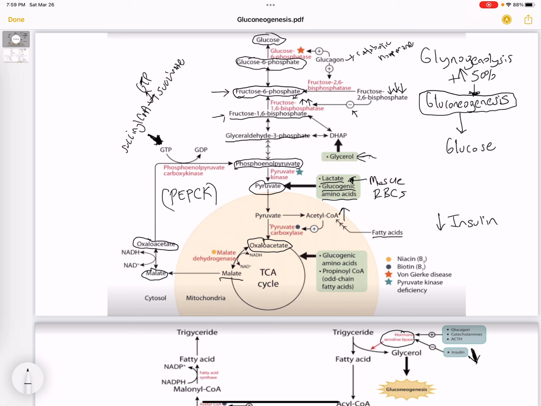As you can see here, glucagon is also going to help us with the conversion of glucose 6-phosphate to glucose, and the way it does this is by upregulating the enzyme glucose 6-phosphatase. And so ultimately we get glucose to provide our body with the energy it needs at times when we are not consuming any meals.